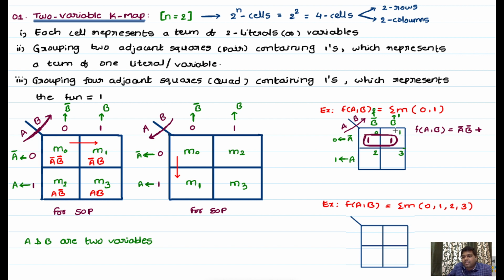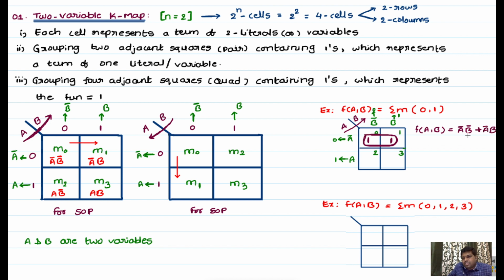Whichever square boxes contain ones, those square boxes only are represented in your boolean expression. So F of a comma b is equal to this square box having 1, A bar B bar. Next this box having a 1, so I indicate this box's literals. What are the literals in this box? A bar B. So now I indicate here A bar B.